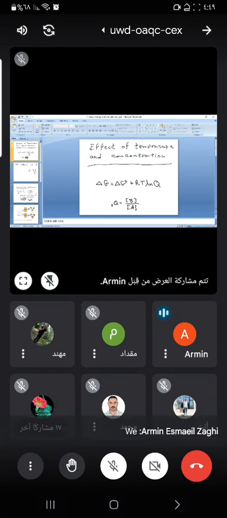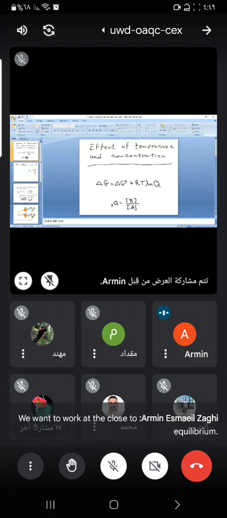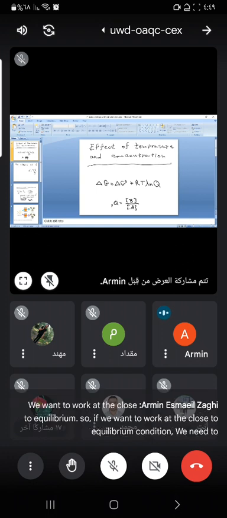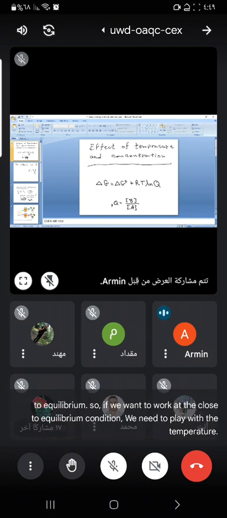We want to work close to equilibrium. So if we want to work at close to equilibrium conditions, we need to play with the temperature and the concentration of our ingredients.